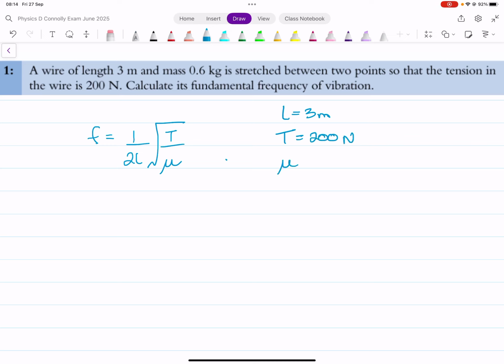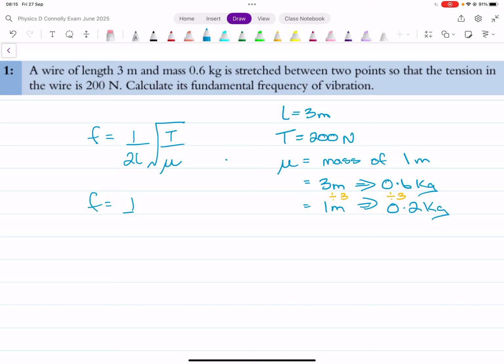Now, mu, remember, is the mass of 1 meter. So they tell us here that 3 meters has a mass of 0.6 kilograms. So that means 1 meter, if we divide this by 3, we'd have to divide this by 3. So 1 meter is 0.2 kilograms.